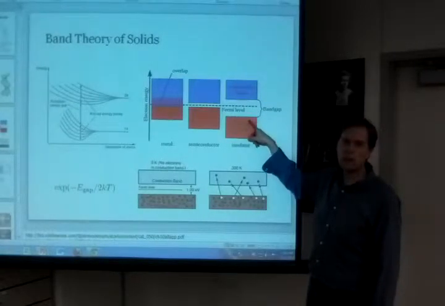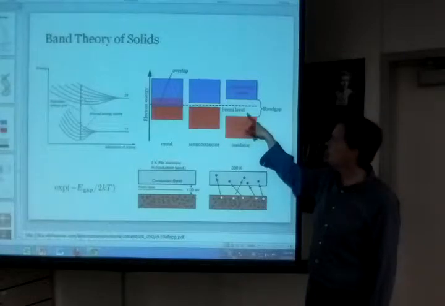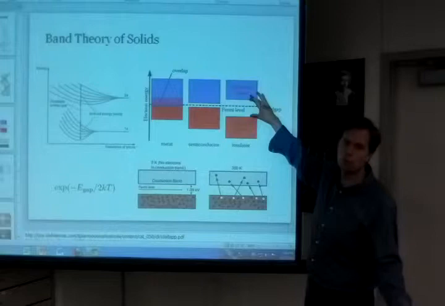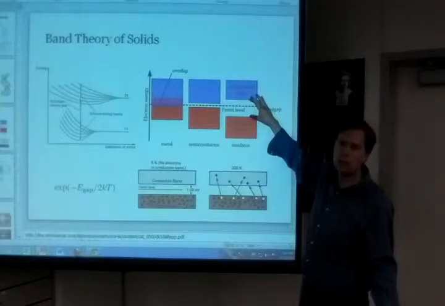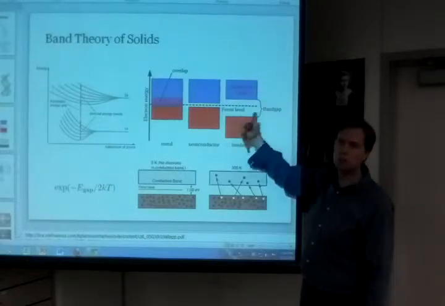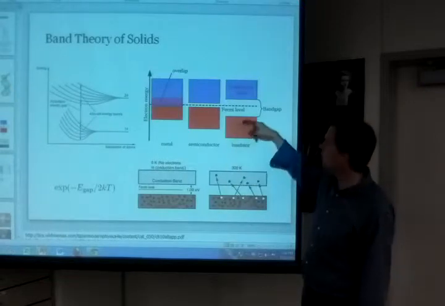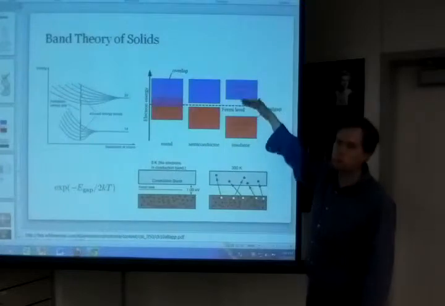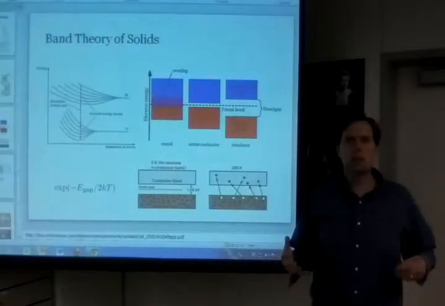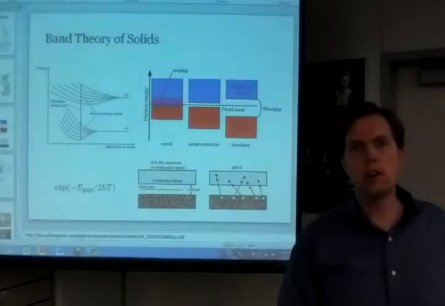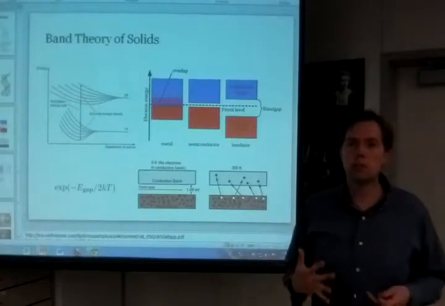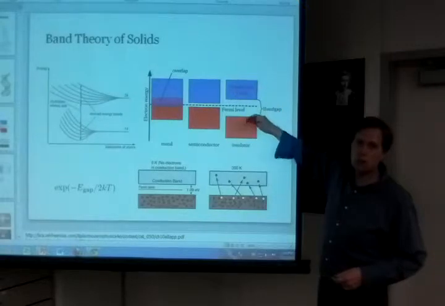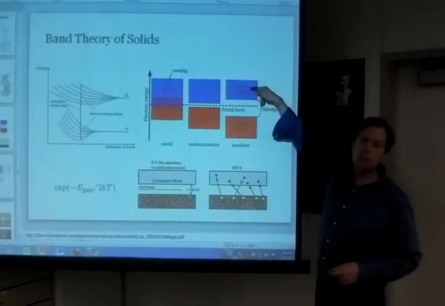So the electron can't just get a little bit of energy; it's got to get all of this energy from somewhere, and heat is not going to be sufficient. It's going to take some sort of input of energy to get an electron from here all the way up to here. This is why in an insulator the electrons don't flow very easily. Of course, it's possible to get them to flow, but you have to insert enough energy to get the electrons up into this conduction band.